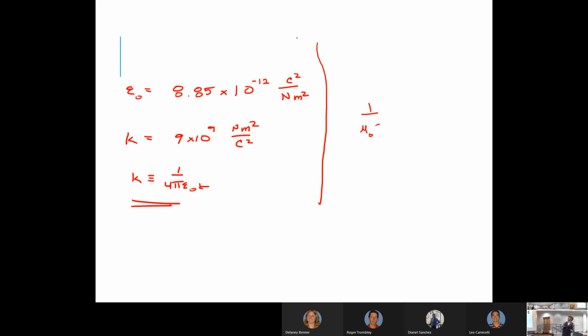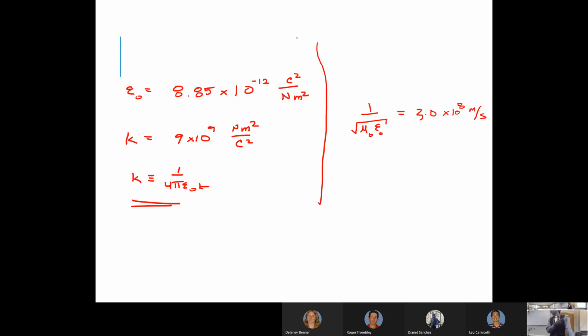To be continued. It turns out if you take the permeability, how empty space responds to a magnetic field, and you take the permittivity, how empty space responds to an electric field, and you take the square root of this, you get this really weird number that rounded is 3 times 10 to the 8th meters per second, which paves the way for 20th century physics.